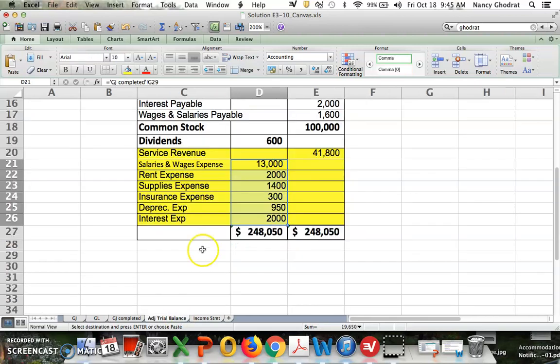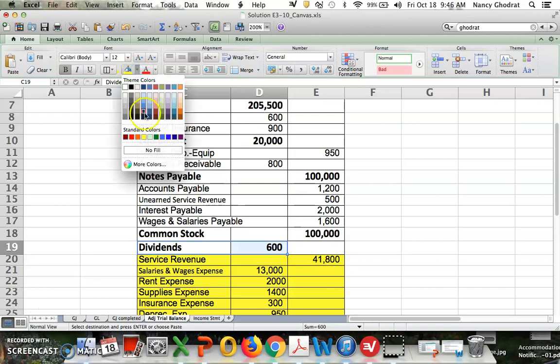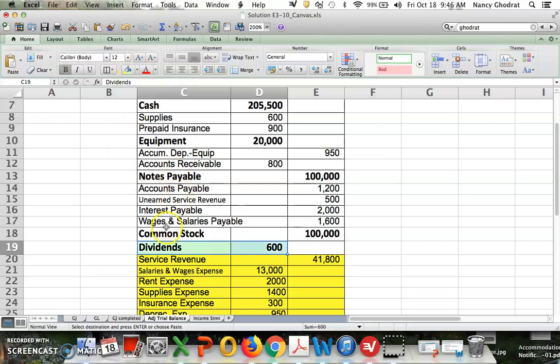Now, the next financial statement we prepare is your retained earnings statement. For the retained earnings statement, we need dividends coming from your adjusted trial balance.